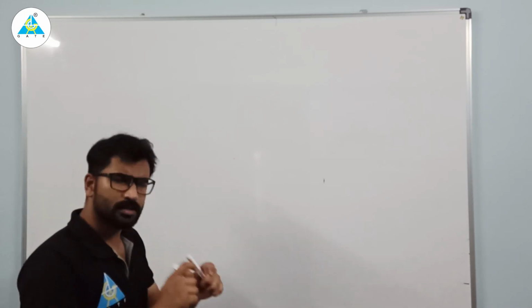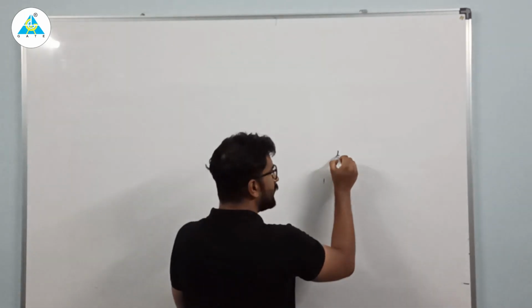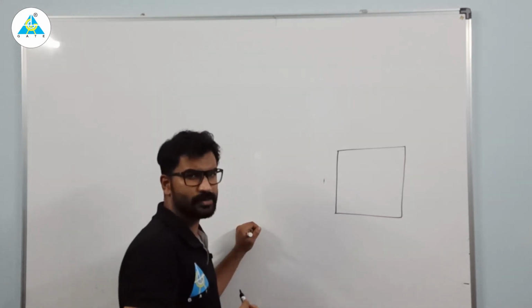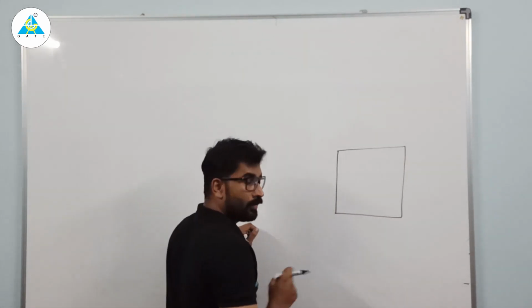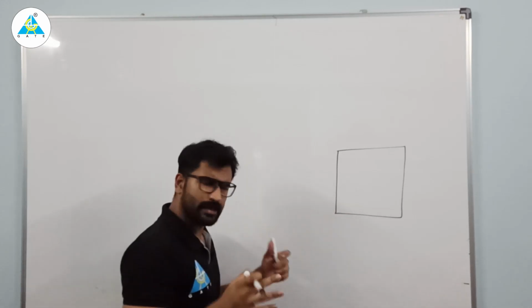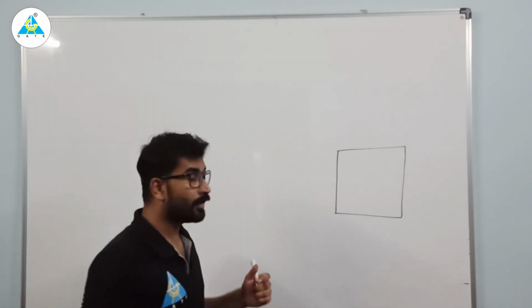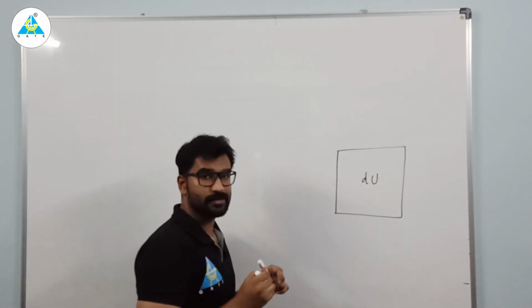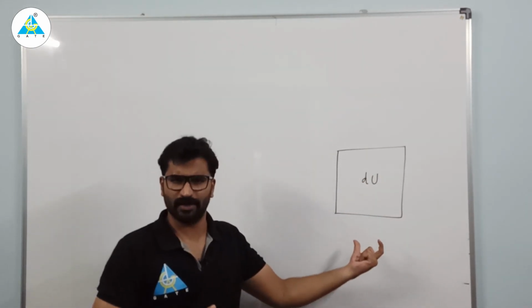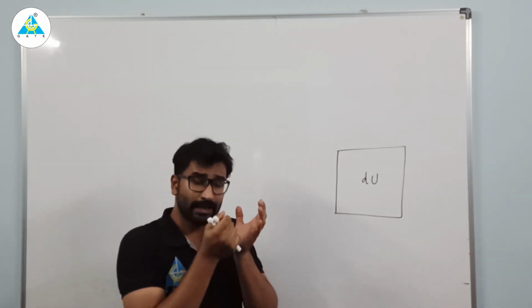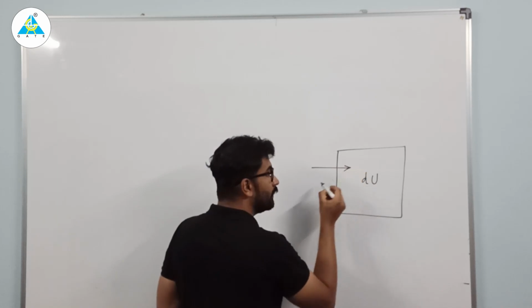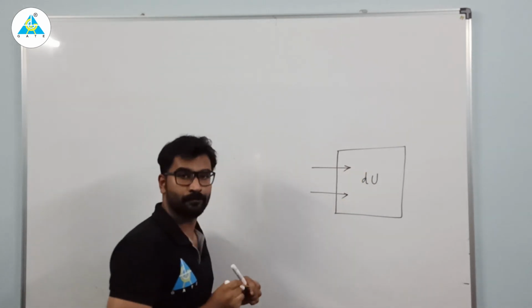Now, what is the meaning of first law of thermodynamics in a closed system? How can we represent it? You can see we have a system, we have a gas inside that or whatever, right? Whatever change in internal energy of the system, that change is due to only two reasons.